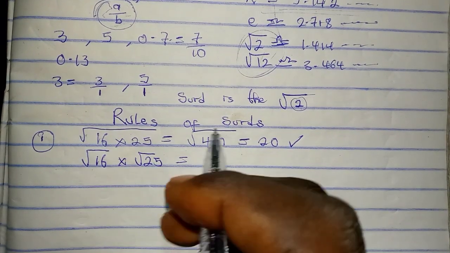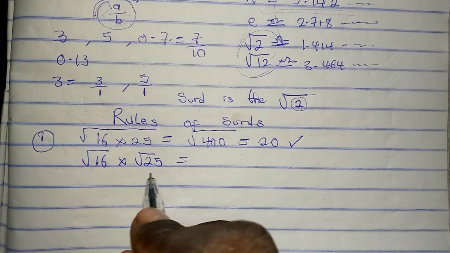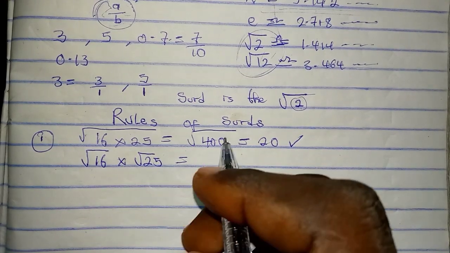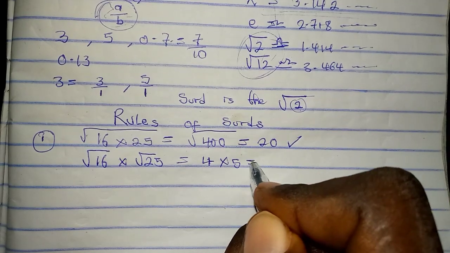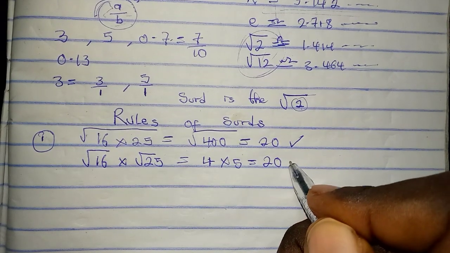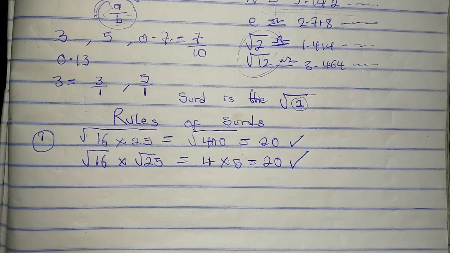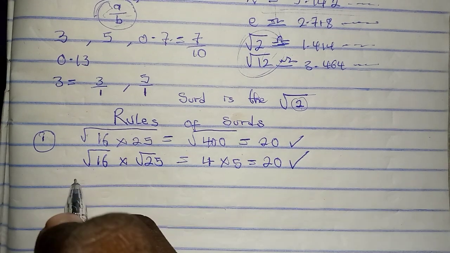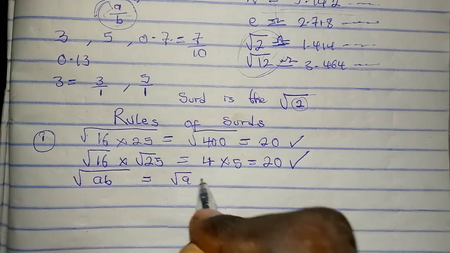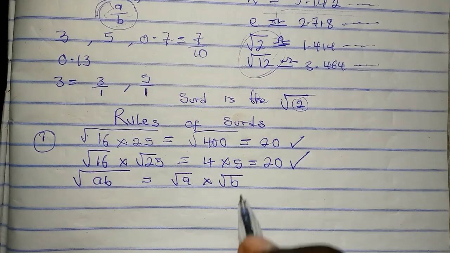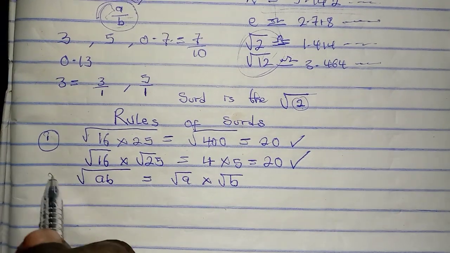You solve them separately before you multiply. Root 16 is 4, root 25 is 5. What do we also get? We got 20. Therefore, root of AB is equal to root A times root B.